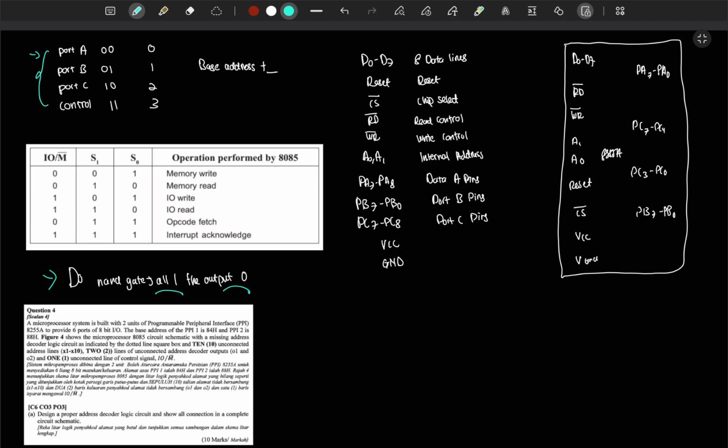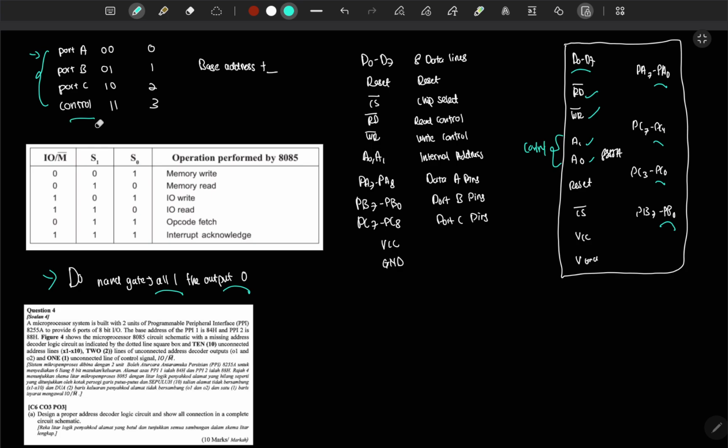Now our 8255 is an IC that has so many legs, but this is the block diagram. We have the internal data input 0 to 7, then outputs for port A, port C upper, port C lower, and port B. Then we have read, we have write, and we have A1 and A0, which are for the control.